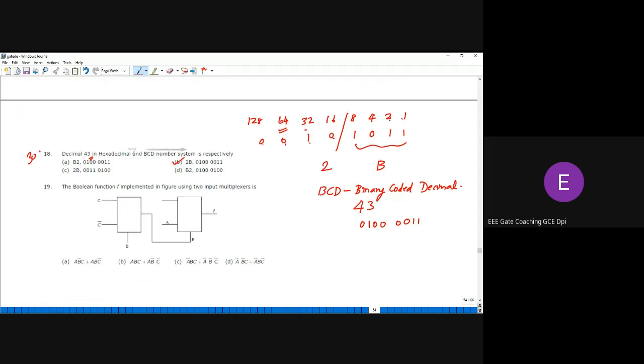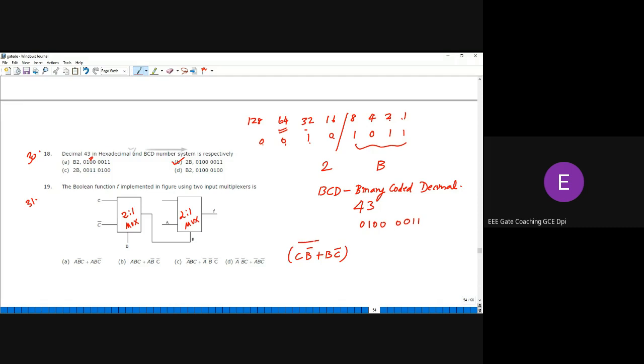Last problem, 31. Well, answer. So C B bar, because if B is 0 this will get selected, and if B is 1, C bar gets selected.